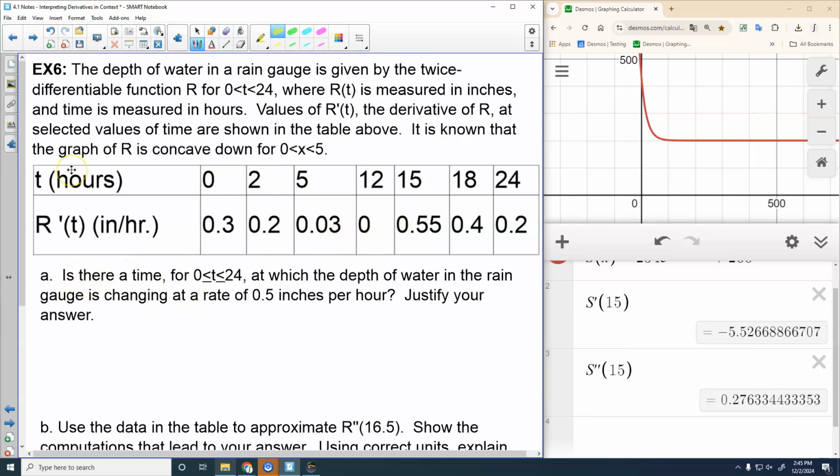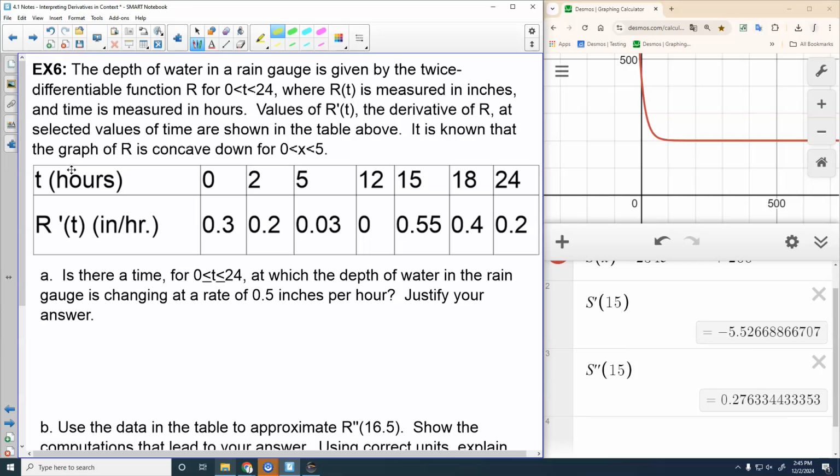A says, is there a time from 0 to 24 at which the depth of the water in the rain gauge is changing at a rate of 0.5 inches per hour? Justify your answer. So we need to know if the rate of change of the amount of water in the rain gauge, which would be which function?